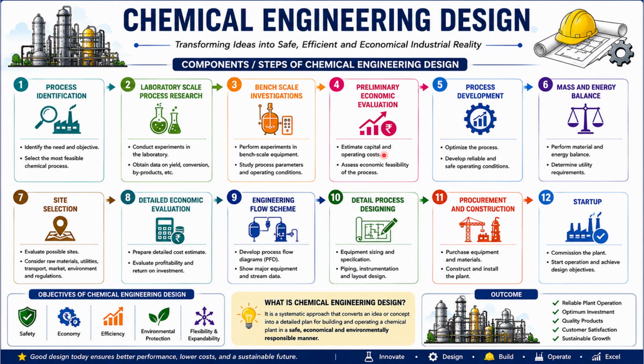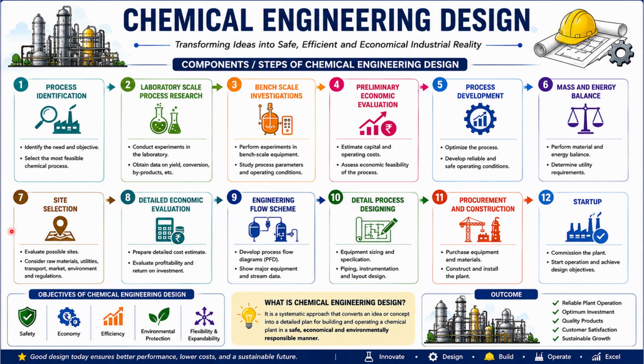Next one is preliminary economic evaluation. On the basis of your pilot studies, you will determine the approximate cost of the plant, and what else you will be needing. Then process development: you try to optimize your pilot scale plant in such a way that you are getting maximum efficiency along with other parameters. Then you conduct mass and energy balance, and in this mass and energy balance you even try to scale up.